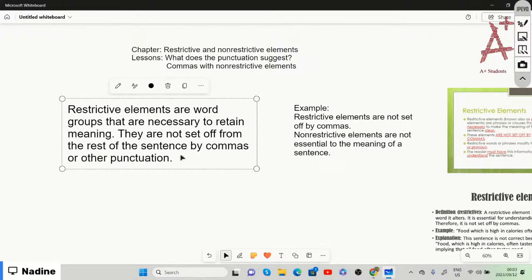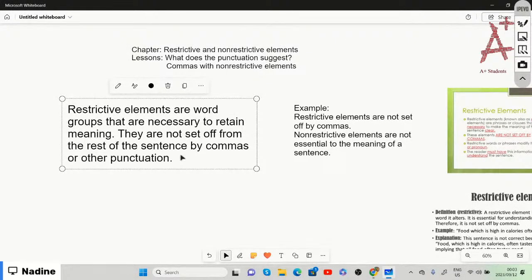They are not set off from the rest of the sentence by a comma or other punctuation, right? So restrictive elements are word groups that are necessary to retain meaning, and they are not set off from the rest of the sentence by either a comma or a punctuation.